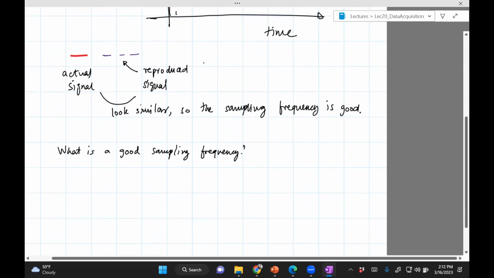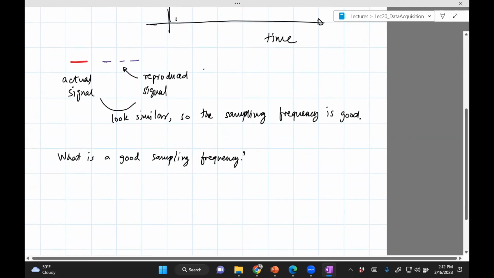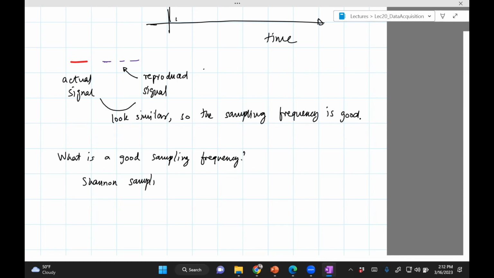Okay. So the answer to this comes from a famous mathematician called Shannon. I forget his first name. He was from, I believe, MIT. He came up with this thing called the Shannon sampling theorem. His first name actually is Claude Shannon.